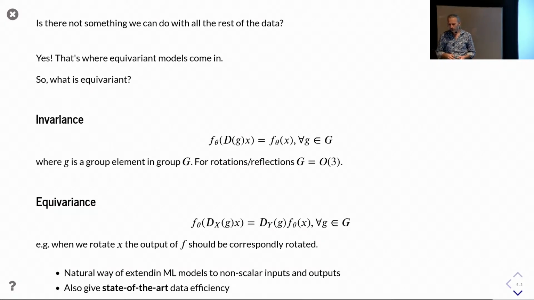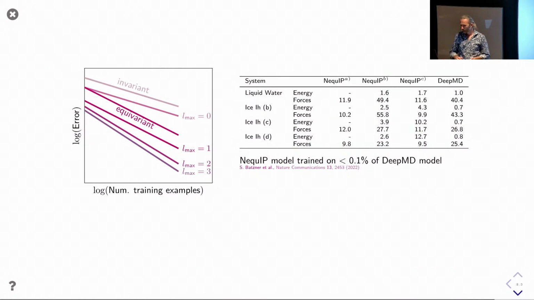And it turns out doing this internally gives state-of-the-art data efficiency. What do I mean by that? Well, even for energy models, where we're predicting a scalar, internally the model will have an equivariant representation that it carries with it throughout the neural network.